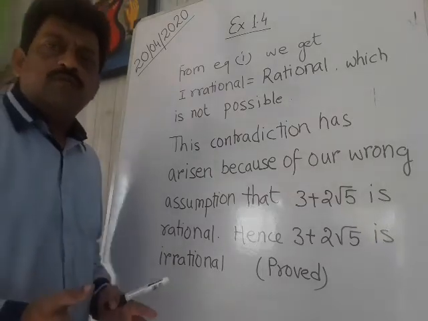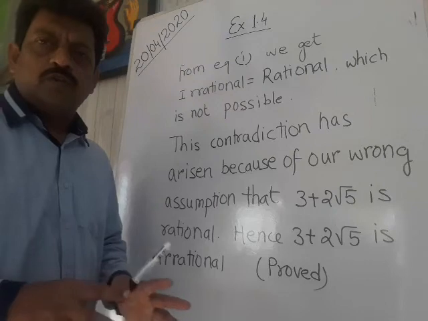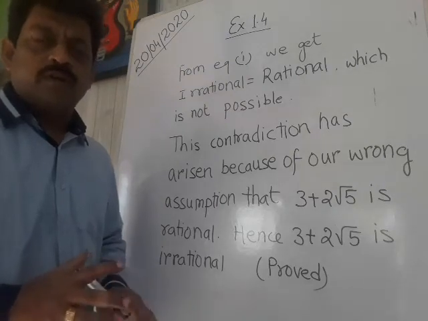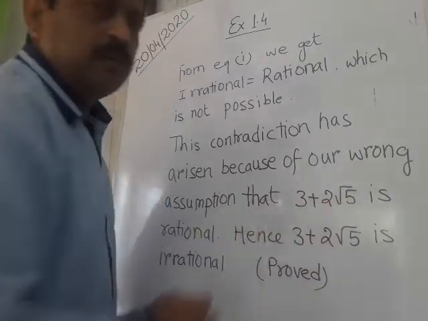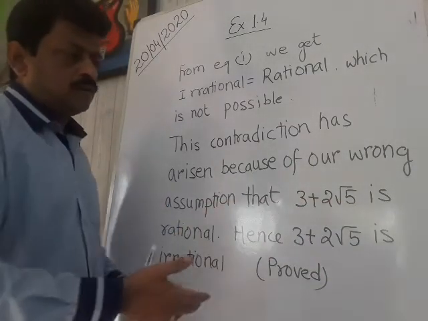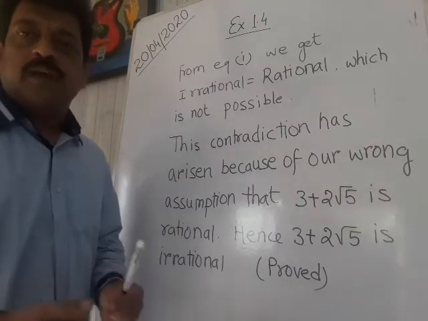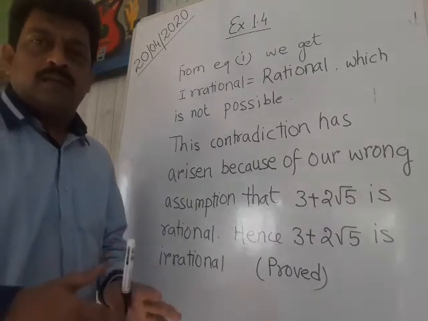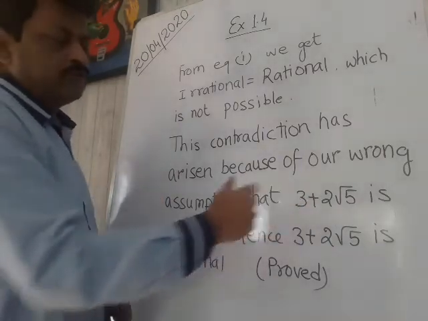This type of sum will come in the board question, because it is an important one. In any such sum, only the digits will be changed. Maybe 3 plus 2 root 5 can be 3 minus 2 root 5 or 6 minus root 2 or anything like that. The whole process will be the same, only you have to change the digits.